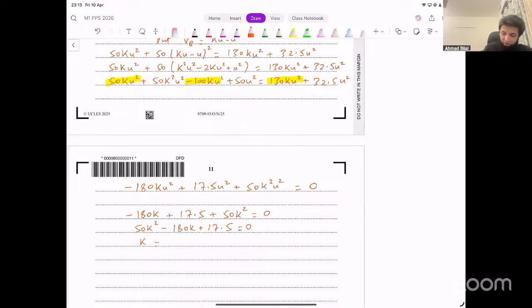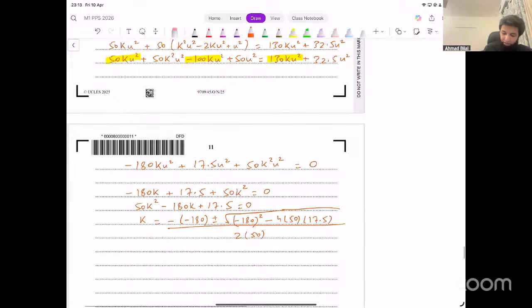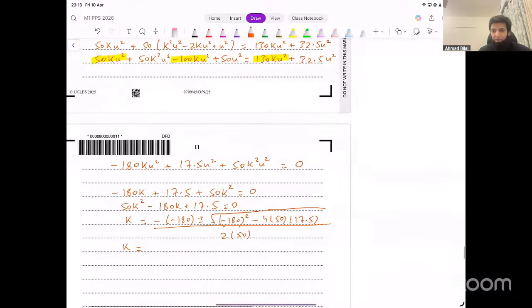That's a quadratic equation. K equals minus into minus 180 plus minus square root of minus 180 whole squared minus 4 into 50 into 17.5, whole divided by 2 times 50, and that will give you some value for K. You can see what that turns out to be.